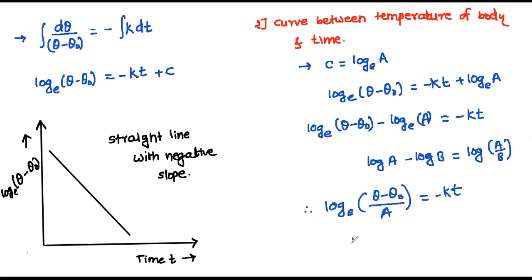So you are getting theta minus theta naught by a, which is equal to e power minus kt. So when you want to eliminate this log e, you have to take exponential, that is e power minus kt. Understood? So note down this. And so therefore next, I can write like this, theta minus theta naught is equal to a into e power minus kt.